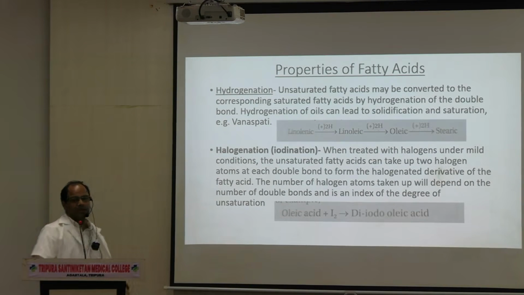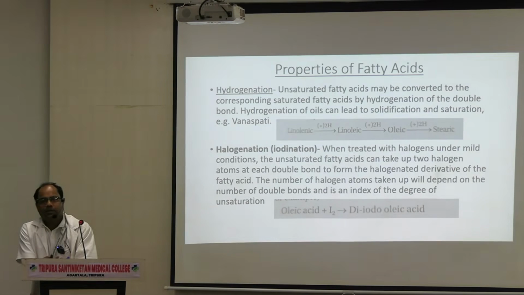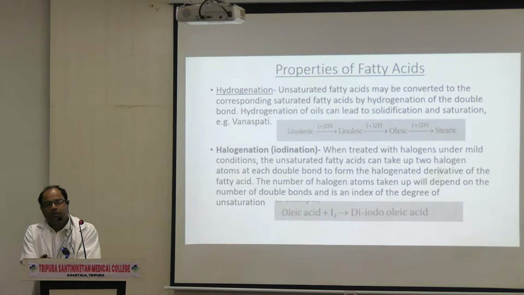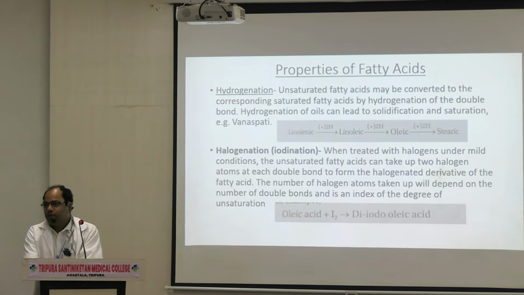So you may be asked in the exam; fatty acids are a very important topic. Fatty acid short note, long question, clinical questions are there. Yes, any question?